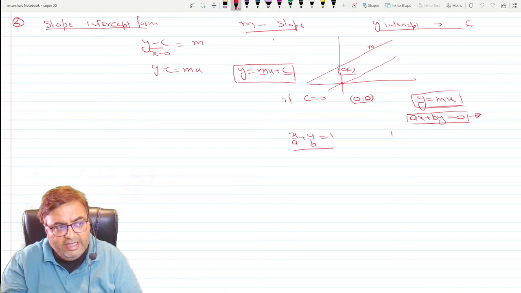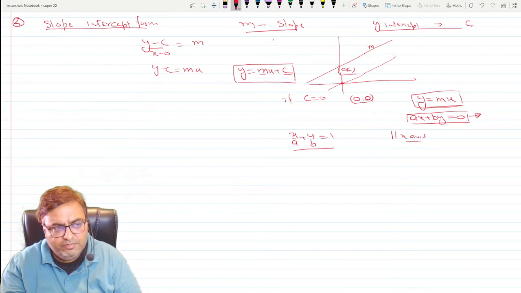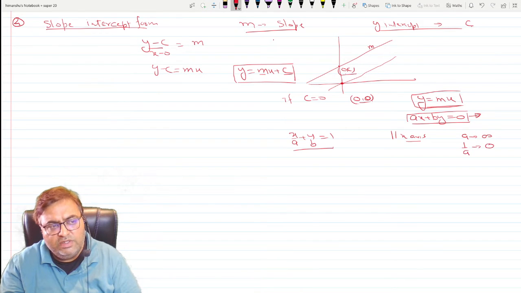If a line is parallel to the x-axis, it will intersect the x-axis at infinity. That means a will tend towards infinity, so 1 by a will tend towards 0. Therefore, the equation will be left with y by b equals 1, and y equals b.